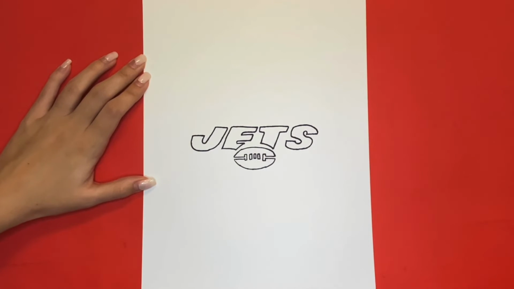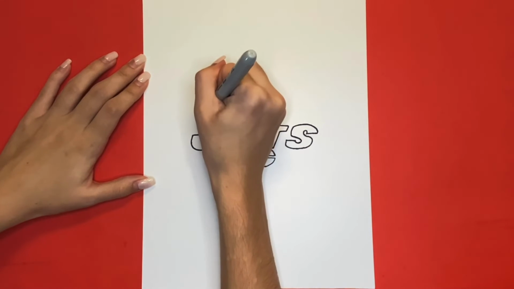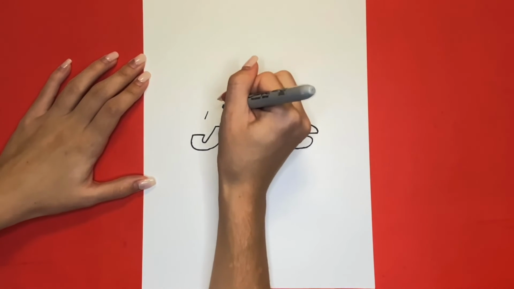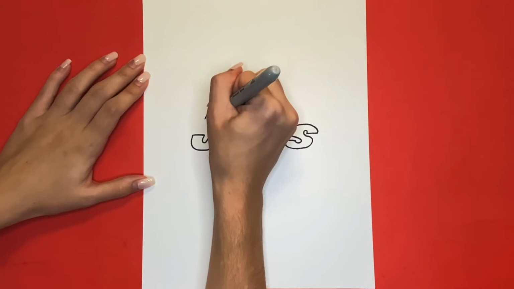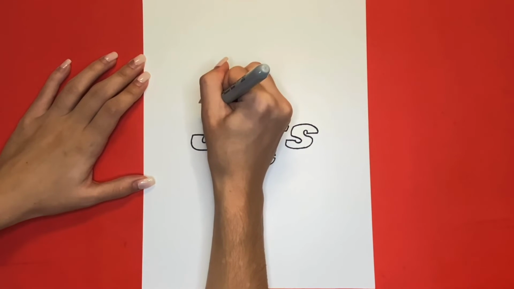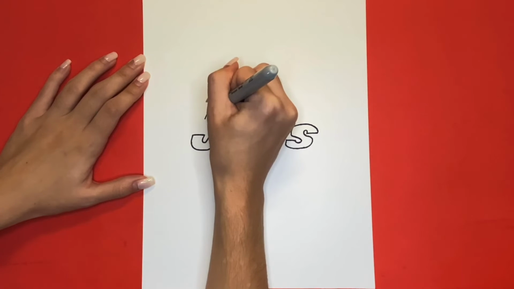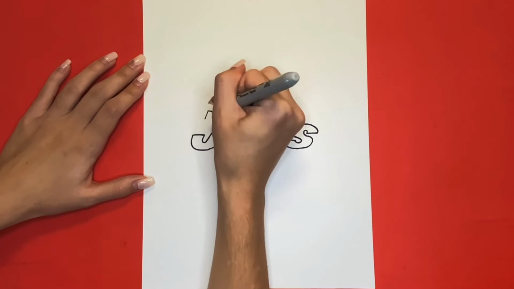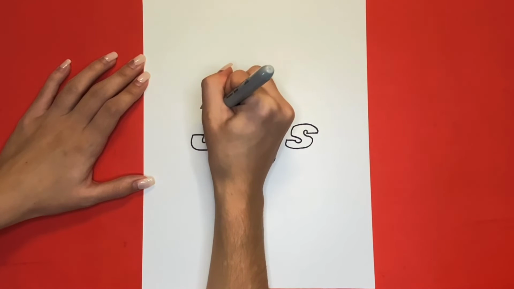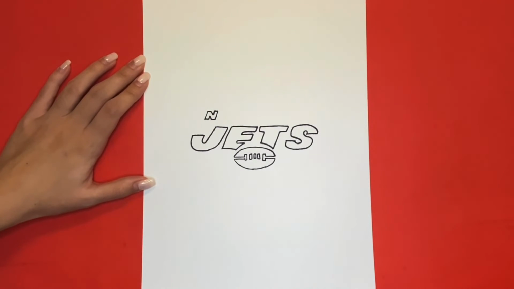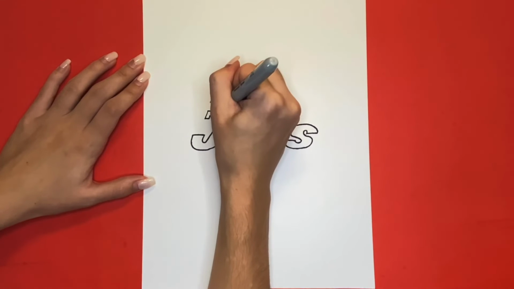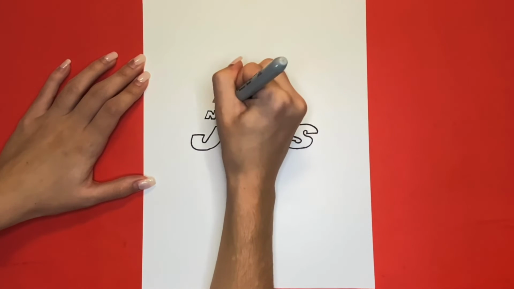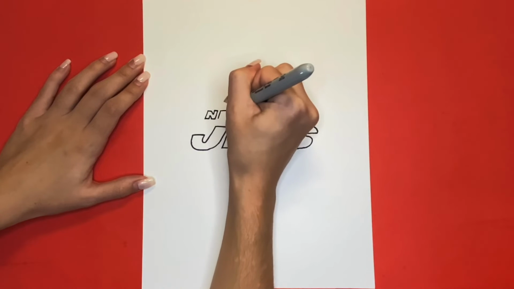We are going to start by drawing a N above the J. Then we are going to draw an E similar to the big E that we drew before, except the bottom of the E will extend all the way and not be cut off by the football.